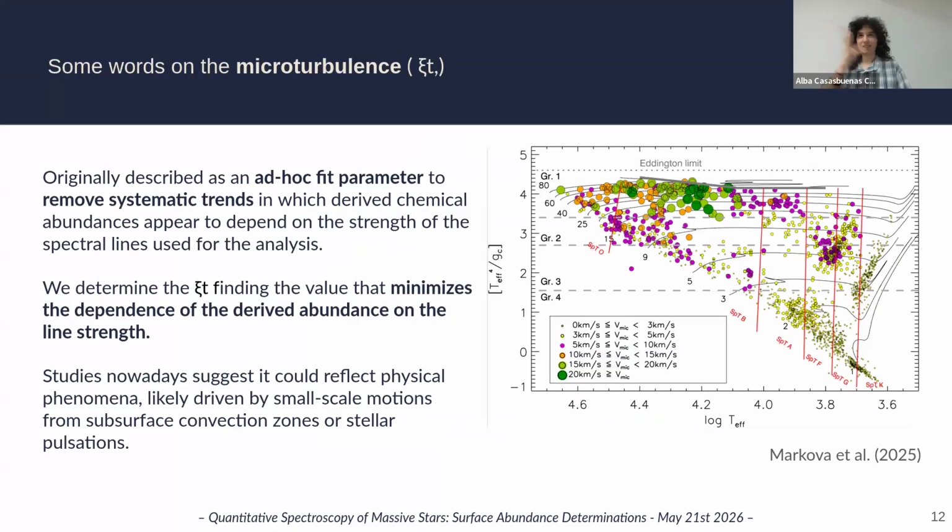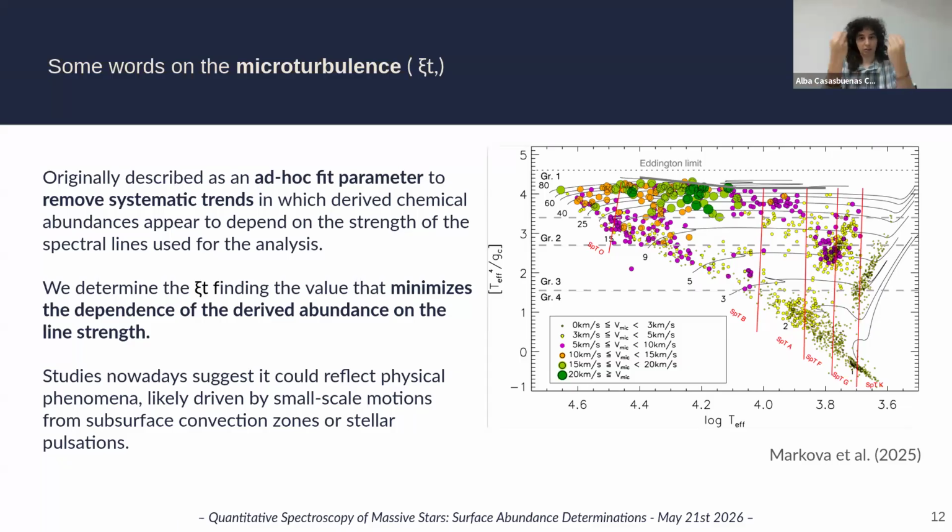You may notice that this is the first time that I'm saying this word, microturbulence. So I wanted to spend a few minutes discussing a bit more about this parameter and why it's important. The microturbulence was originally described as an ad hoc fit parameter that was introduced to remove systematic trends in which the chemical abundance appeared to depend on the strength of the lines that we were using for the analysis.